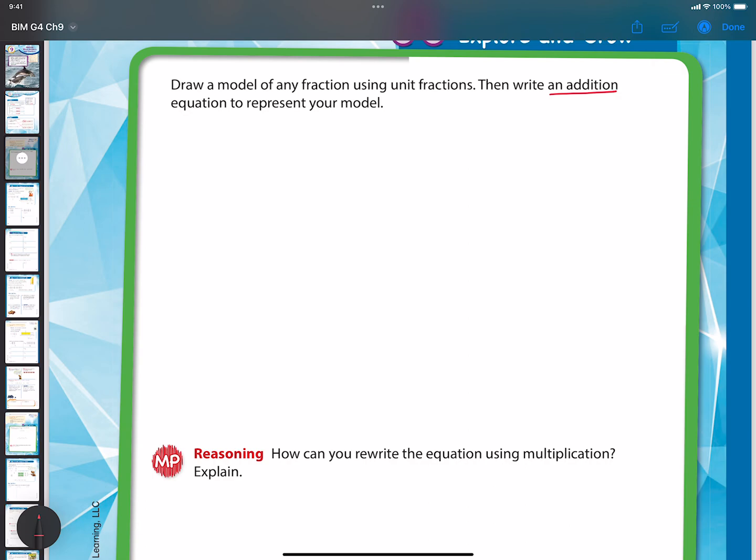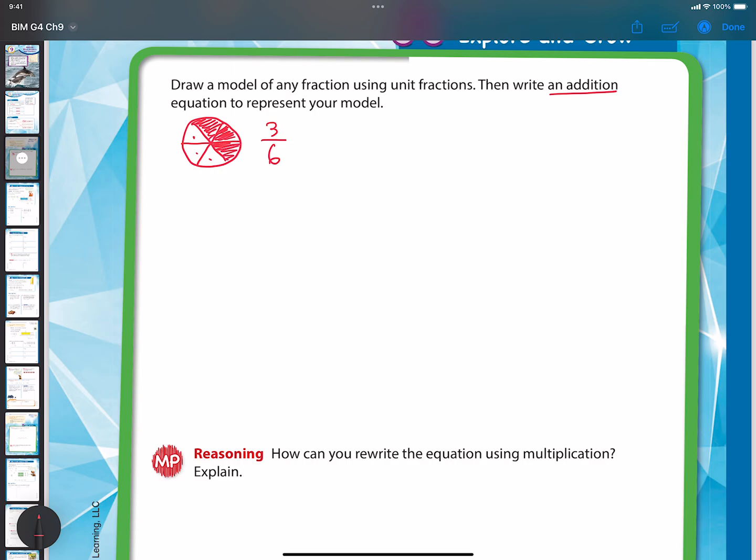I'm going to draw a model of pizza. I love pizza. When I explain fractions, I always go for pizza. I have how many slices of pizza? 1, 2, 3, 4, 5, 6, right? Let's say Mr. Lee wants to have 3 slices of pizza out of 6. So I'm taking these 1, 2, 3.